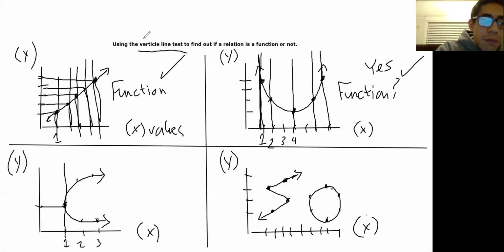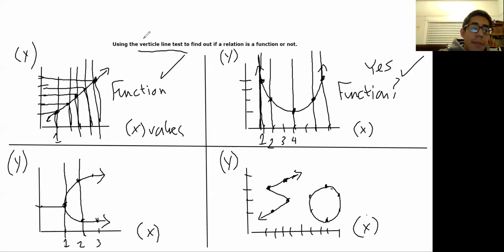But look what happens for number 2. There's a problem there. That vertical line has two y's that have the same x, and that's the problem. You can't have more than one dot for every single vertical line.